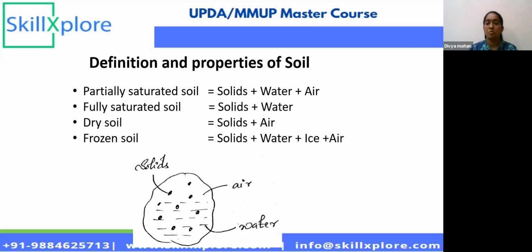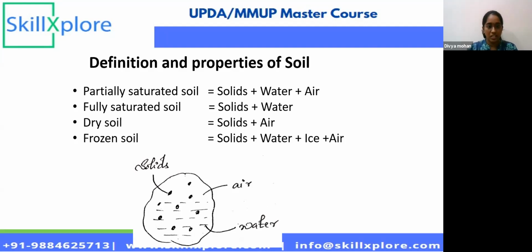Dry soil is devoid of water, and it is comprised only of solids and air. Frozen soil has another phase of water, which is ice. The outermost layer of water will be frozen, and ice particles will be formed in some types of soils, so frozen soil has 4 phases.